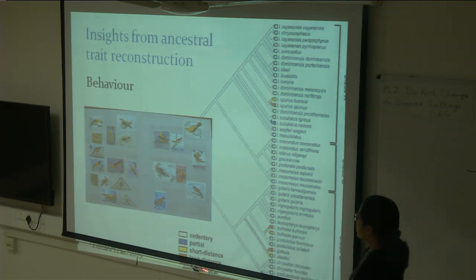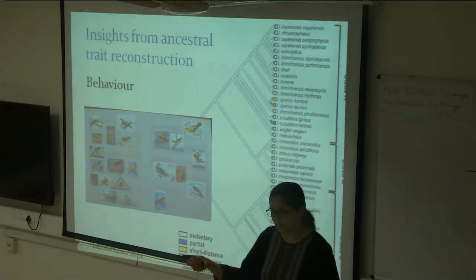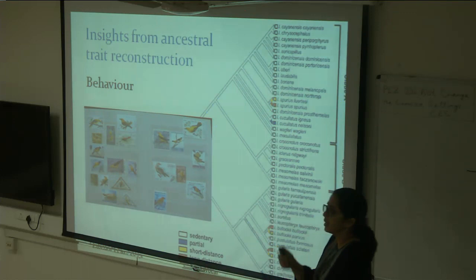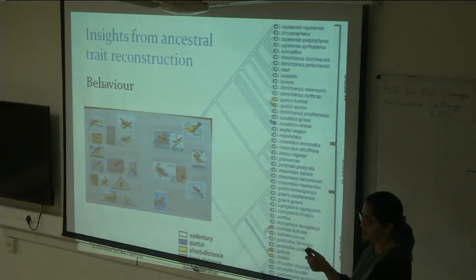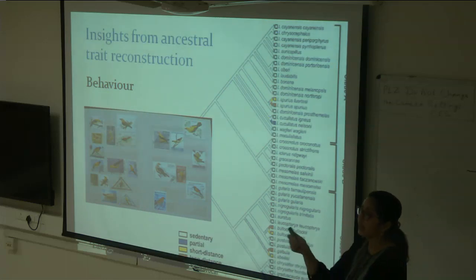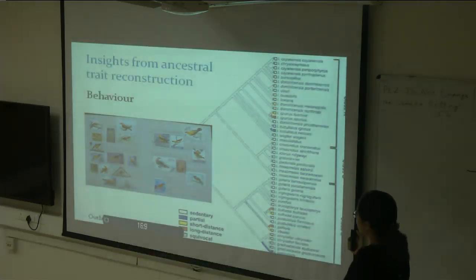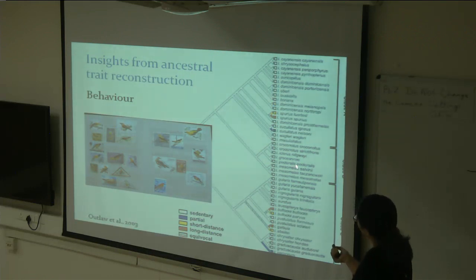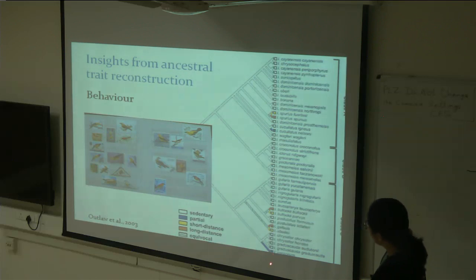So orioles show partial migration: some of the species show short distance migration, some species show long distance migration. So the authors started with the question, is there any directionality to this behavior? A species becomes a partial migrant, then short distance, and then long distance. When they actually mapped the trait on the oriole phylogeny, what they found is there is absolutely no such thing, there is no directionality.